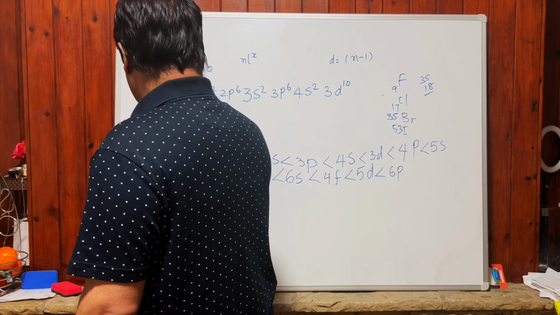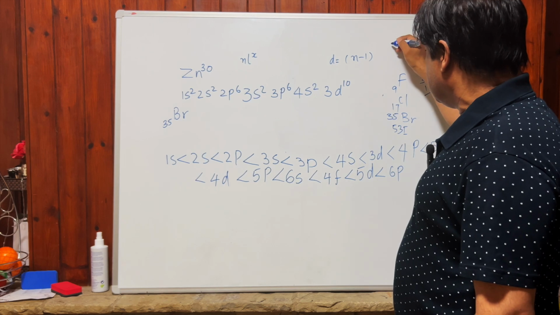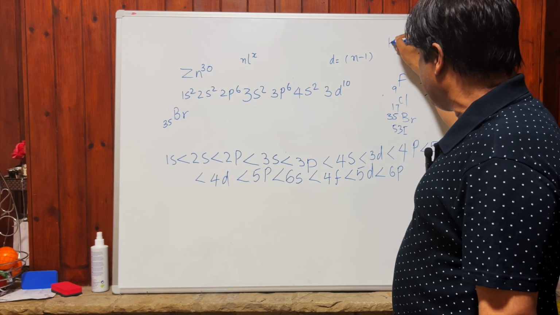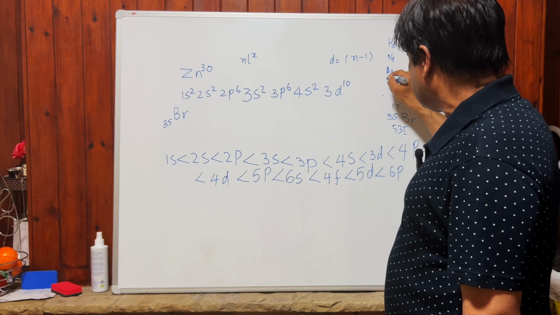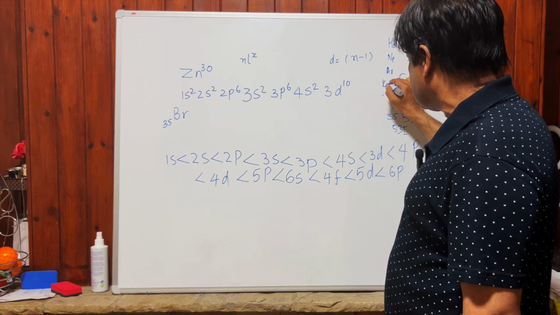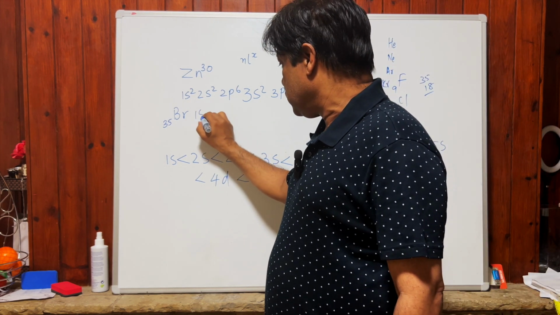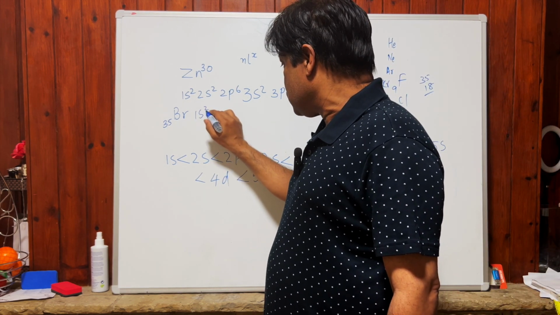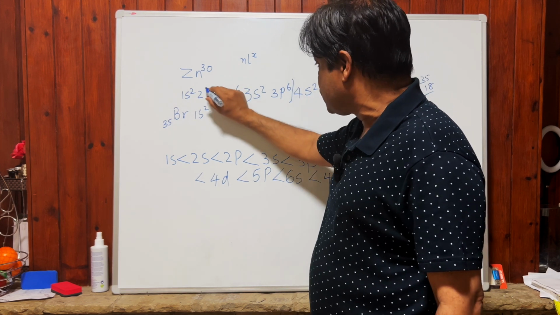Bromine 35. After argon comes the zero group elements. We have helium first: helium, neon, argon, krypton. Krypton 36. Yeah. So 1s2. Okay, so this is the electronic configuration of argon.